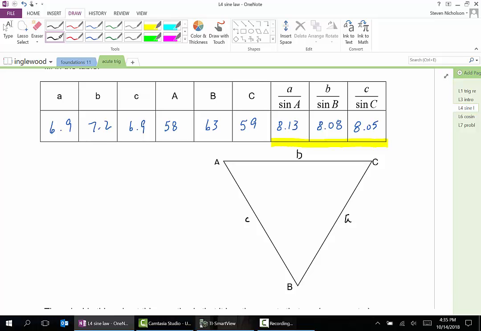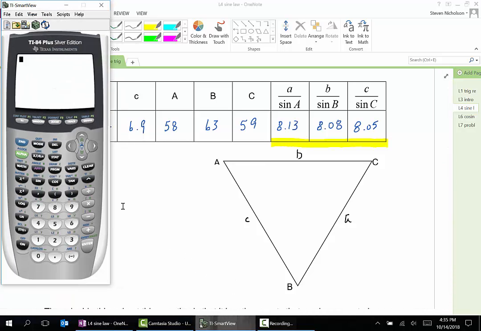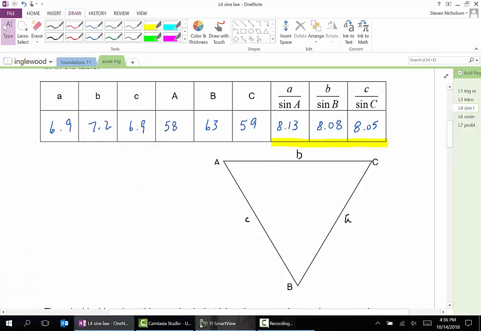Little a, 6.9, divided by sine of big A, which is 58. When we punch that into our calculator, we get 8.13, and that's what I got. That's all I simply wanted you to do.